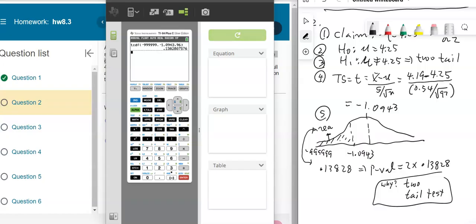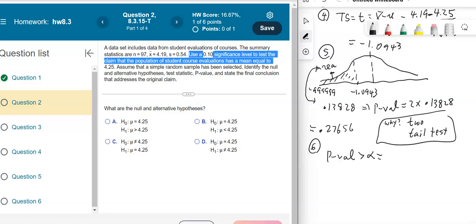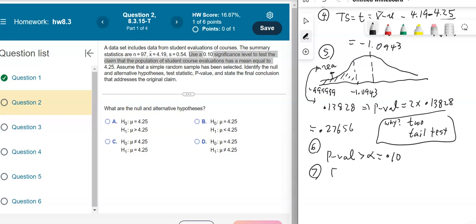So p-value then is, multiplying that by 2, 0.27656. Now since p-value is greater than alpha, what is alpha? Alpha is 0.10. 0.10, definitely greater. So we fail to reject the null hypothesis.